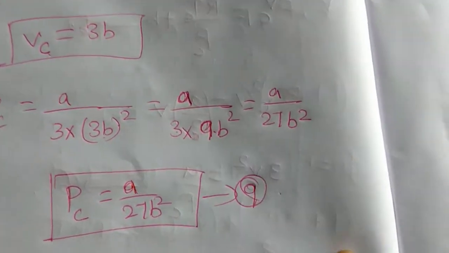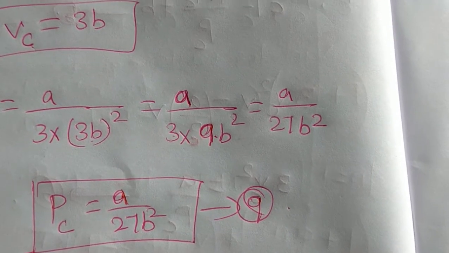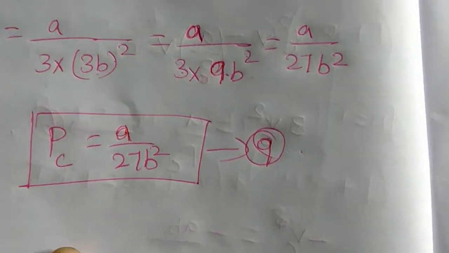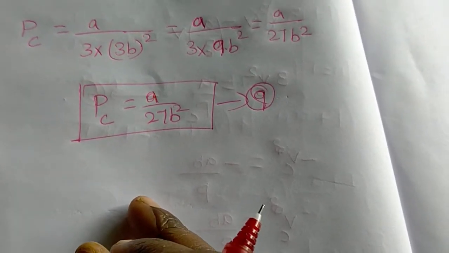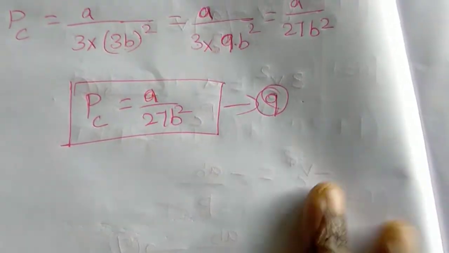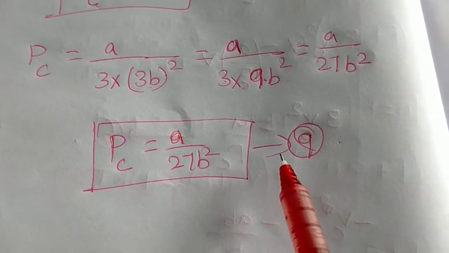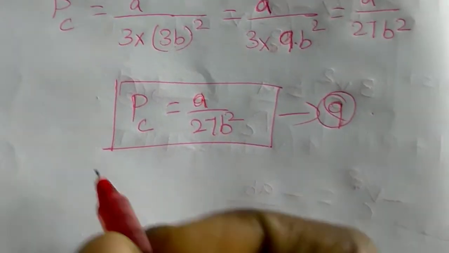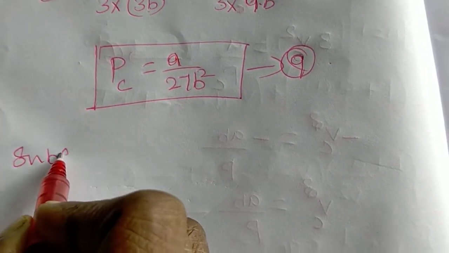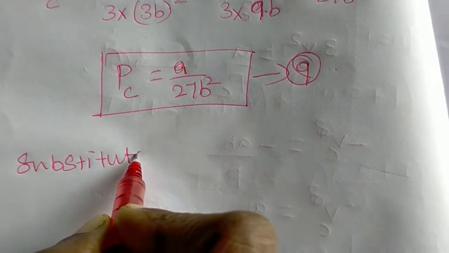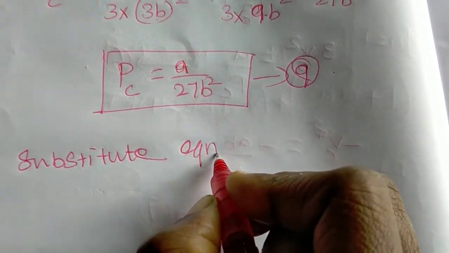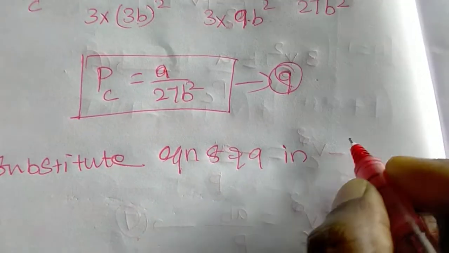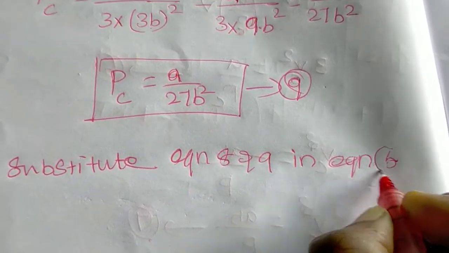Then we have found the constants, critical volume and critical pressure. So we have to find the last one, critical temperature. For finding the TC value, substitute the equation 8 and 9 values in equation 5.